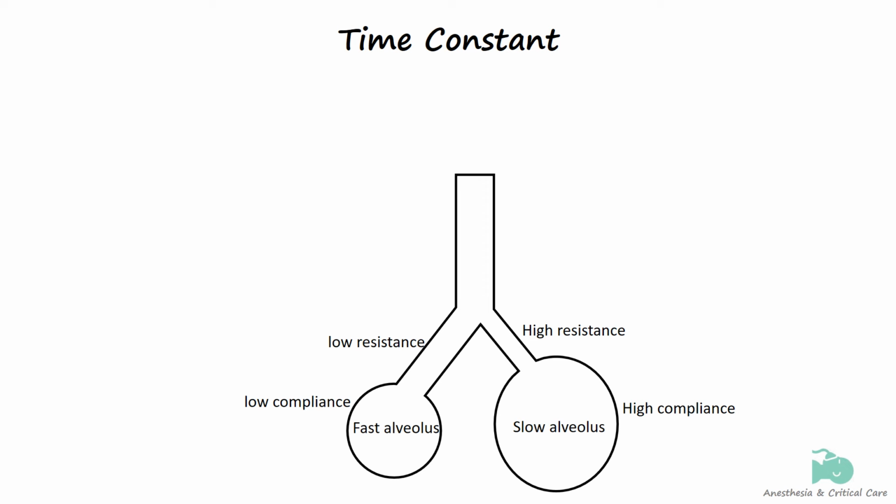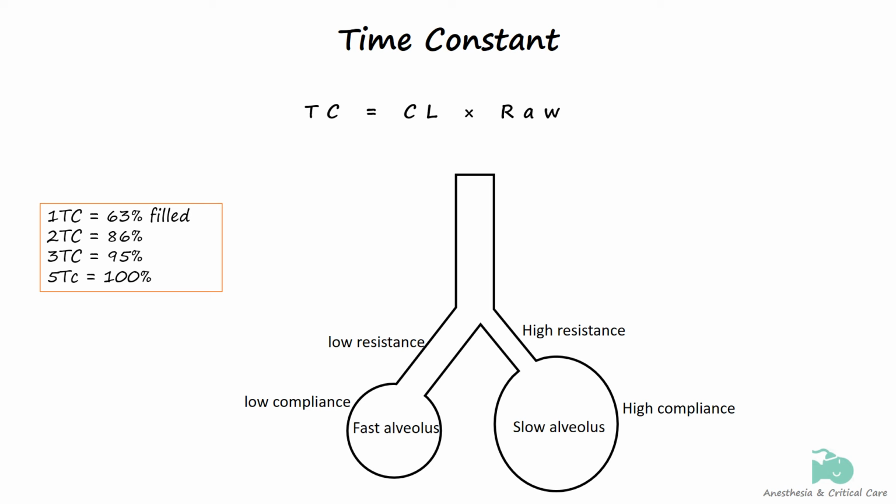So, time constant is a single parameter that can tell us about the overall respiratory characteristics encompassing both elastic and airway resistance. It is measured in seconds and is a product of compliance and resistance. Time constant or one-time constant is the time required to fill or empty 63% of the lung unit. Two-time constants fill 86% of the lung unit and three-time constants fill 95% of the lung unit.